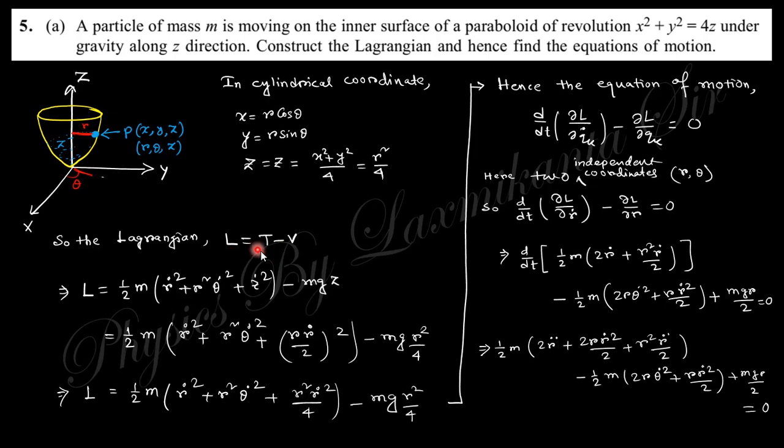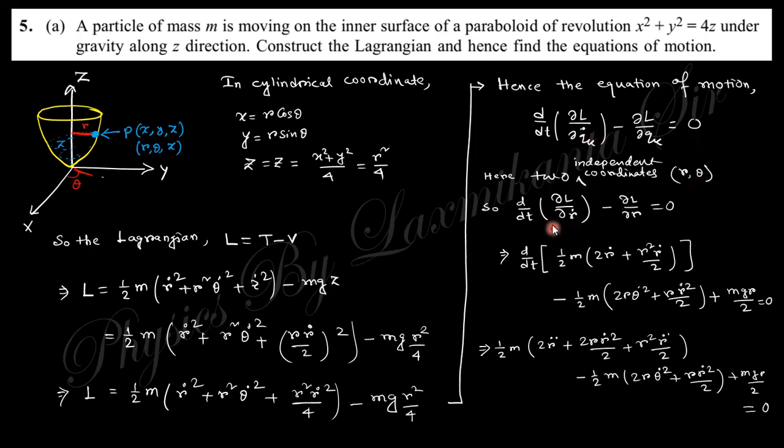You know the Lagrangian is equal to T minus V. T is the kinetic energy, half m v square, and V is the potential energy, mgh. This height is z. Just put in the value of v square equal to r dot square plus r square theta dot square plus z dot square, with z dot equal to the derivative of z. Putting this value, you will get this equation of motion.